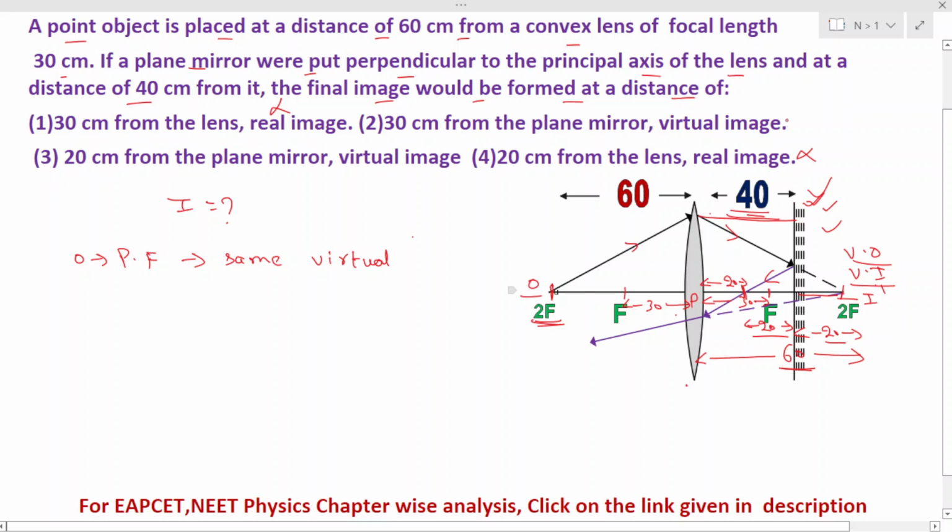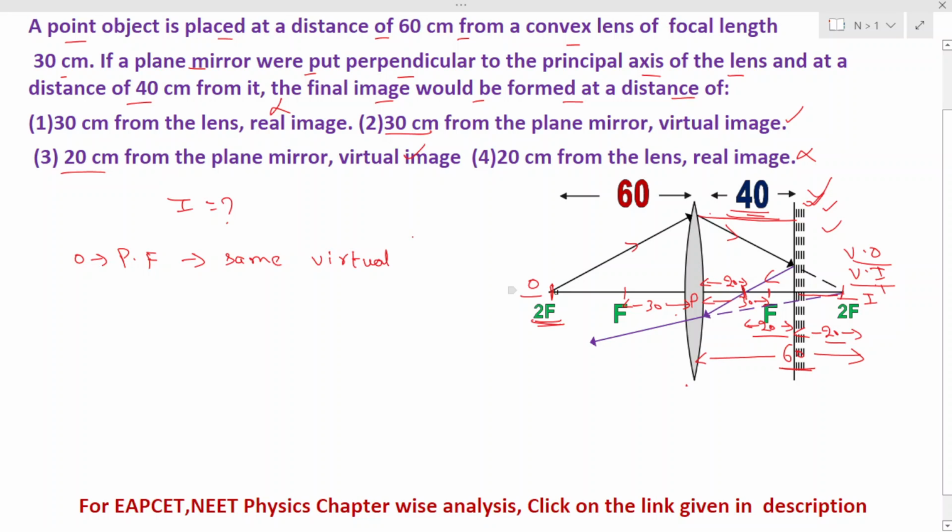So the chances are the second option, where it gave you a virtual image, and the third option, where it gave you a virtual image. Okay. Now you have to find the position of the image, that is, whether the final image is formed at 30 centimeters or 20 centimeters. Okay. Now we came to the conclusion that the image after reflection from the mirror is formed at 20 centimeters from the convex lens, which is nothing but the object for the convex lens.